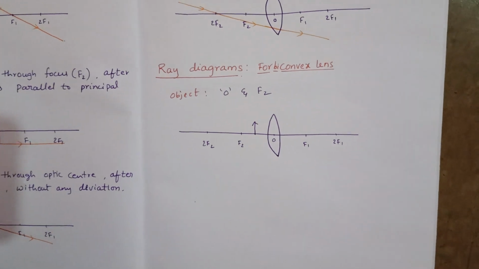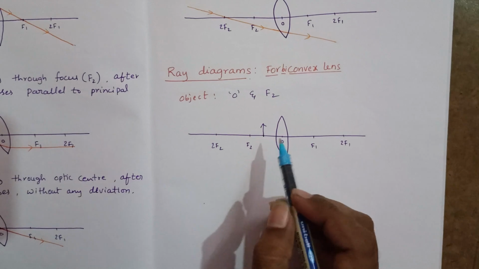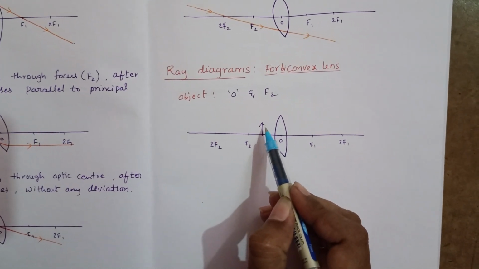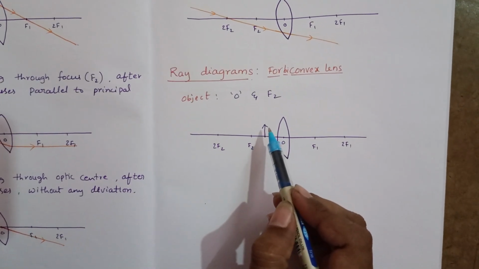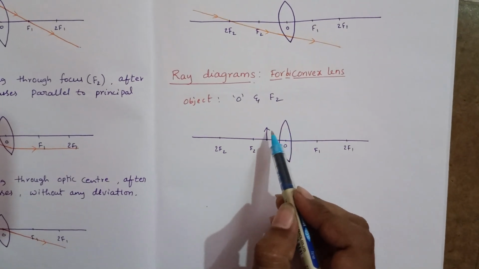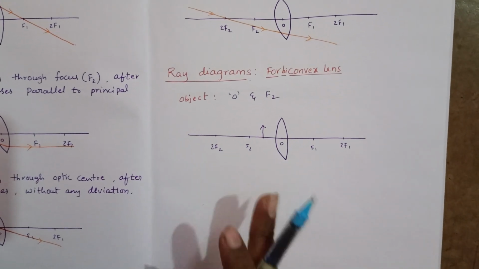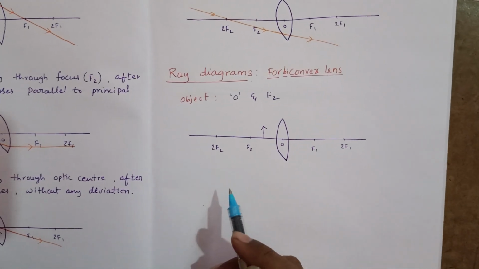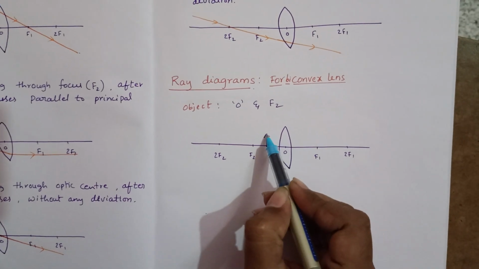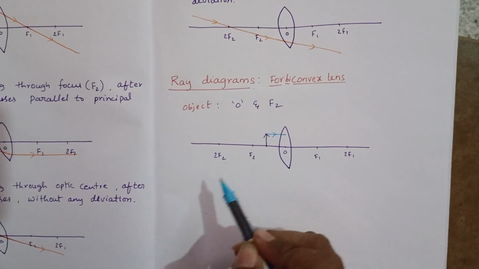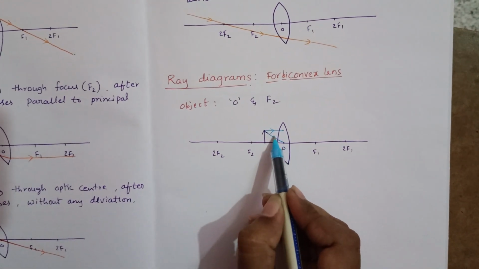Here I am placing. Now we can take two rays, and we have discussed light rays should start from the object, and after refraction, where they meet, the image is formed. Now I am taking one ray parallel to the principal axis, another ray passing through optic center.